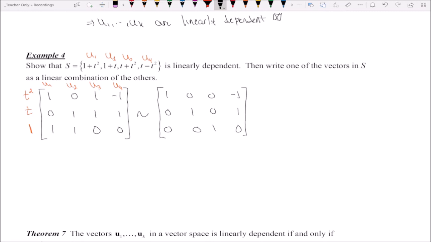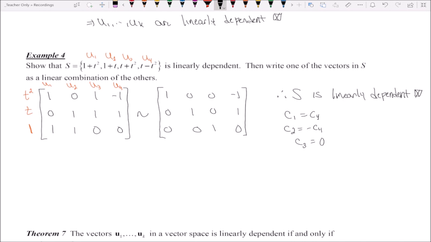Right, this of course implies that S is linearly dependent, right? We have C1 in terms of C4 and C2 also in terms of C4, where C4 is not necessarily 0. Right, so if we write this out, we're going to get that C1 equals C4, C2 equals negative C4, and C3 must be 0.